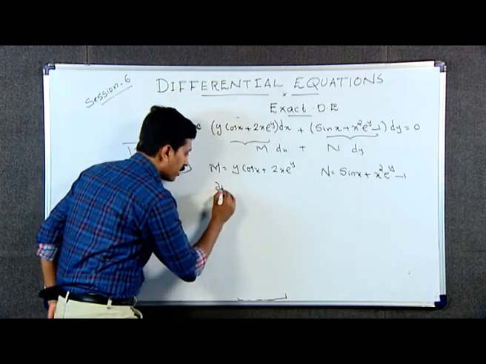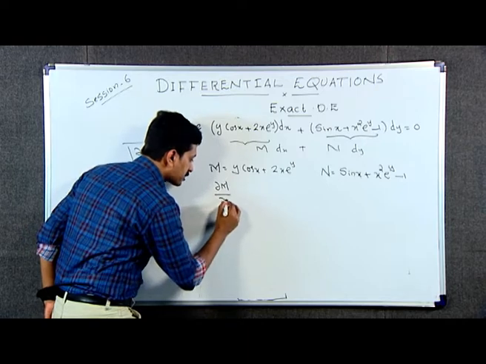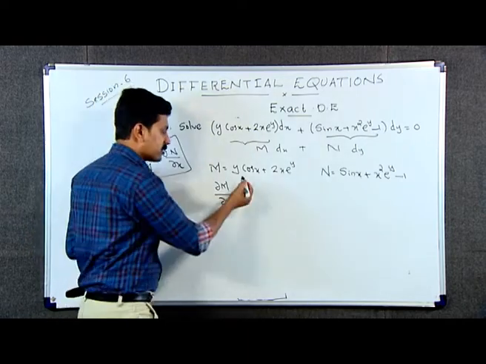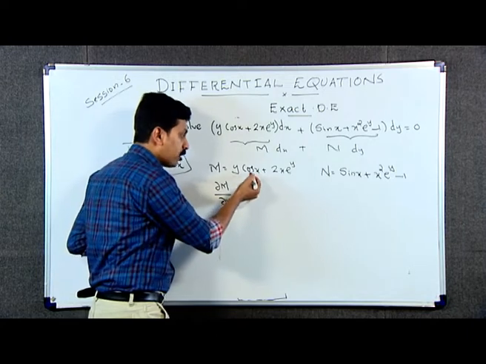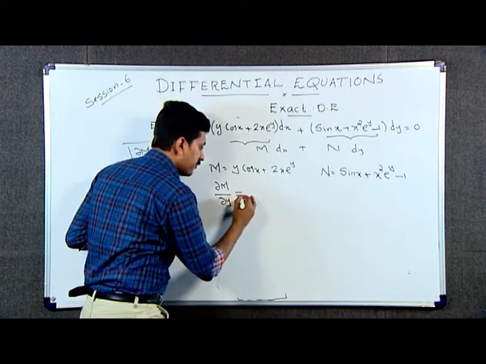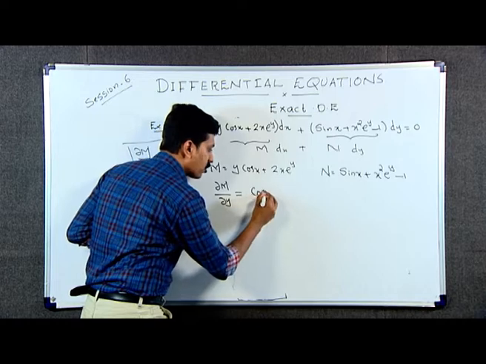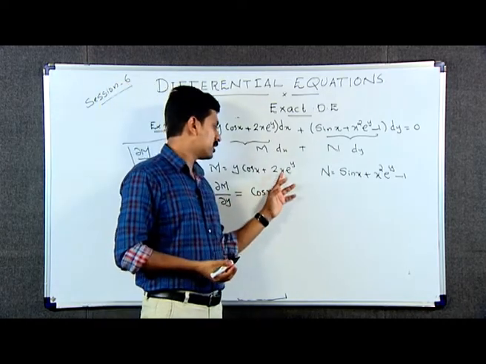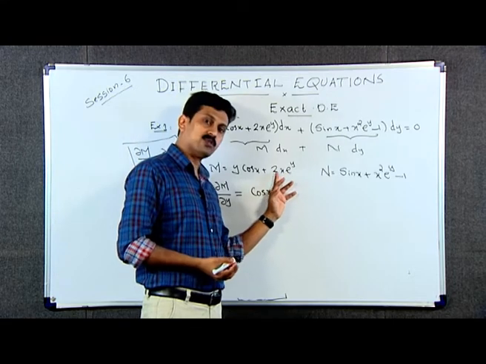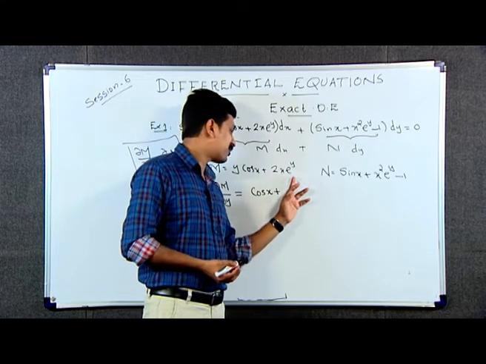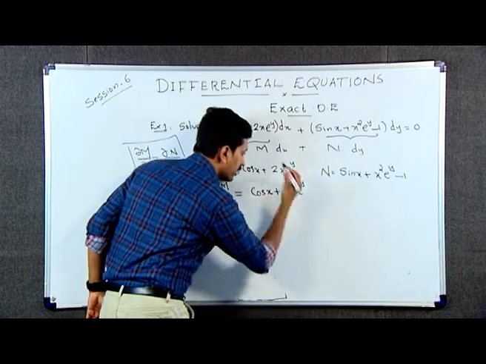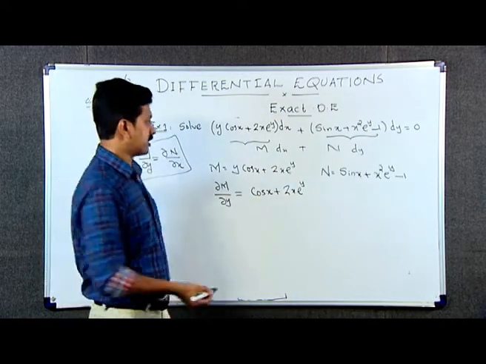So ∂M/∂y, we are partially differentiating M with respect to y. That means x is treated as a constant. Now cos x is a constant, the derivative of y cos x is cos x, plus we are partially differentiating the second term with respect to y. 2x is a constant, therefore we have to differentiate only e^y, and the derivative of e^y is e^y itself.